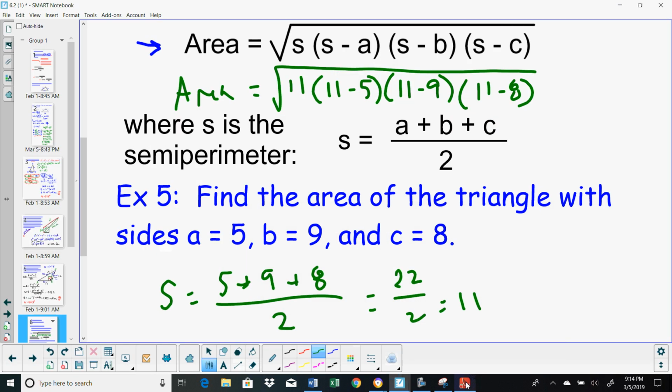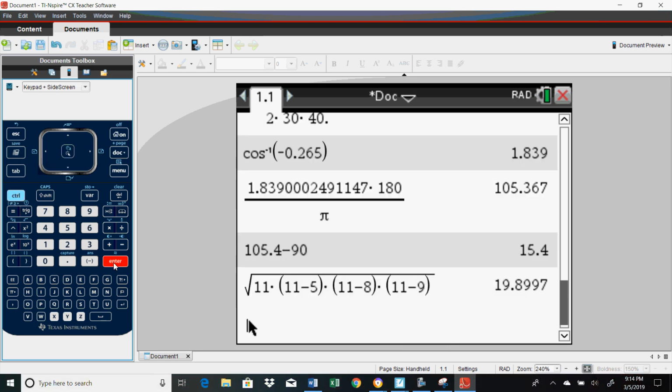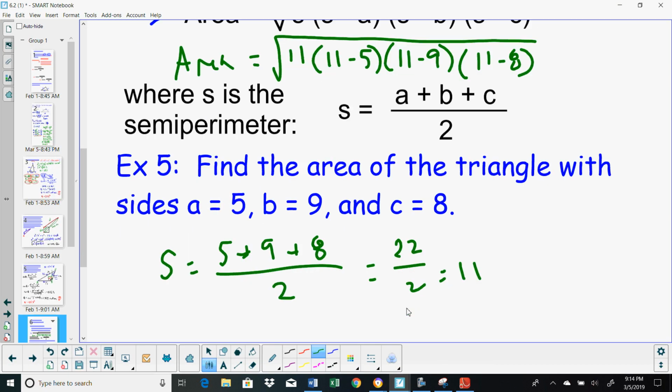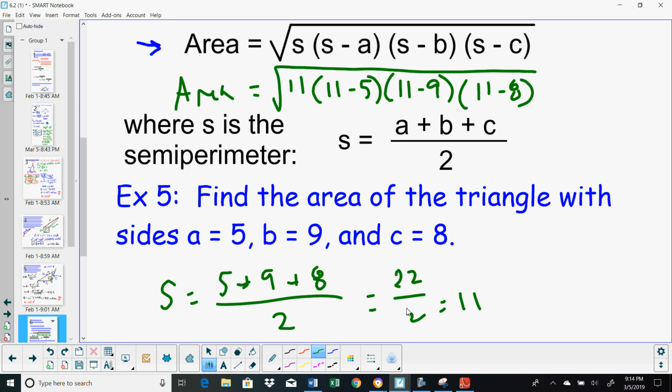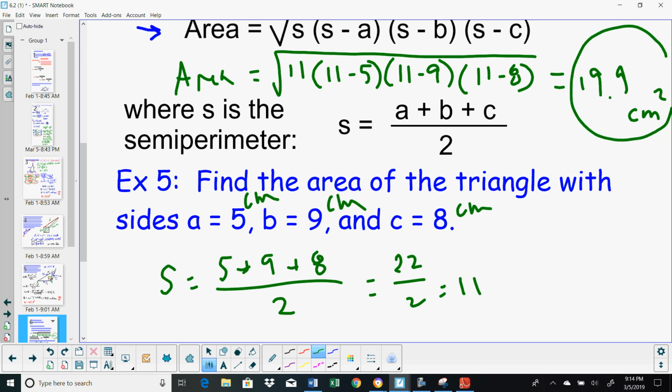I got them in a different order, but I think it's all good. I want a decimal for this, so I'm saying Control Enter, and it's giving me about 19.9. So the area is 19.9, and if these were centimeters, then this would be 19.9 centimeters squared for the area.